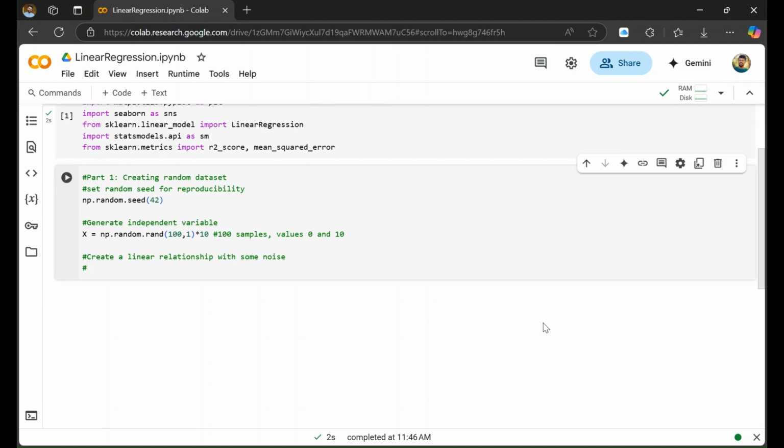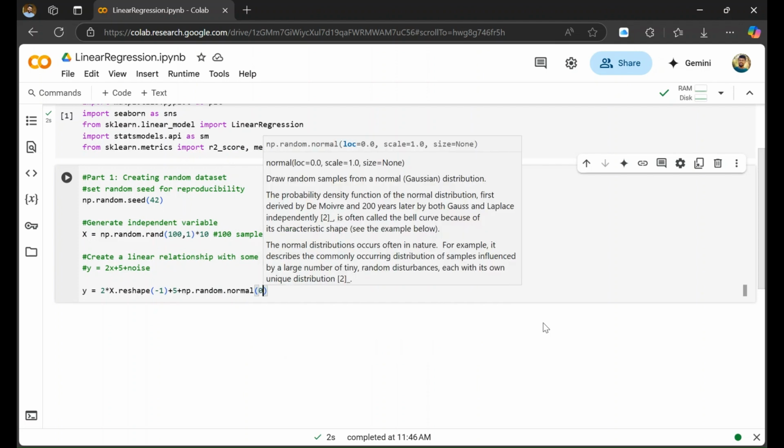So this is the relationship I'm giving: 2x plus 5 plus some noise. Right. So let's create y equal to 2 multiplied by x, and I'm adding noise from a normal distribution.